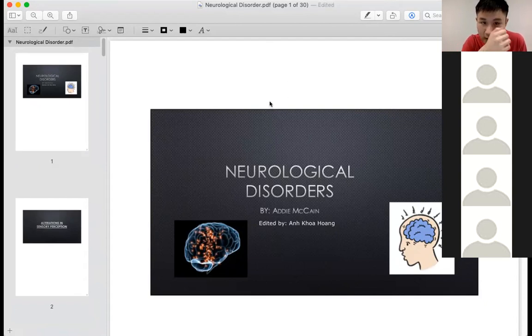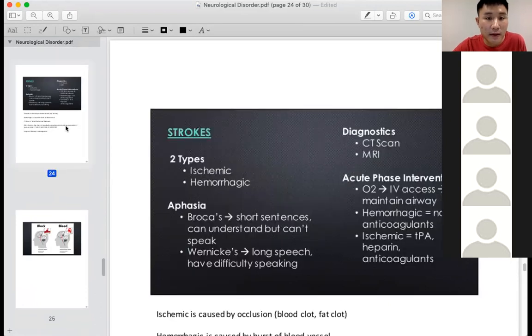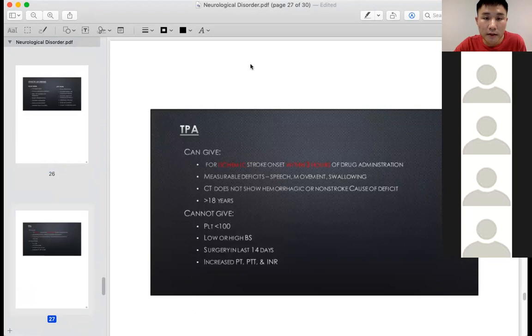When you were talking about the tPA medication, you mentioned some labs. What are they again? Yeah, absolutely, I'll go back to that slide. There are some labs that we have to look at. The platelet: if the platelet is less than 100,000, we cannot give the tPA.